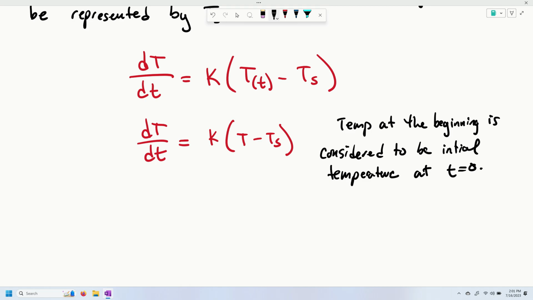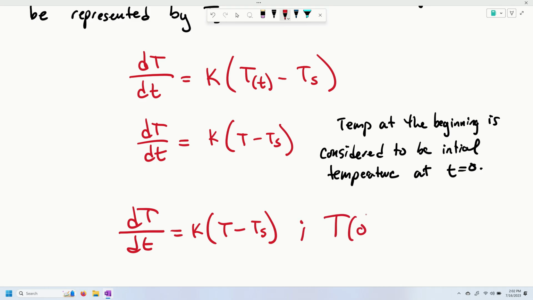So what we have is dT over dt equals K times our temperature minus its surroundings, and the initial value condition is capital T of 0 equals the temperature at time 0, where K is a constant that is going to be given to us, or we're going to have to find it. So just remember that. That's our constant of proportionality.